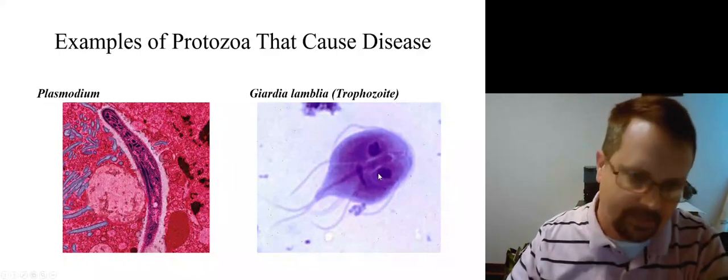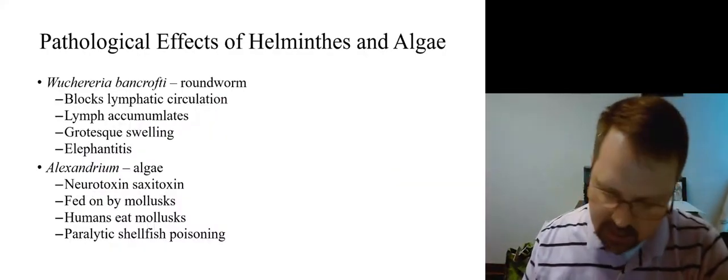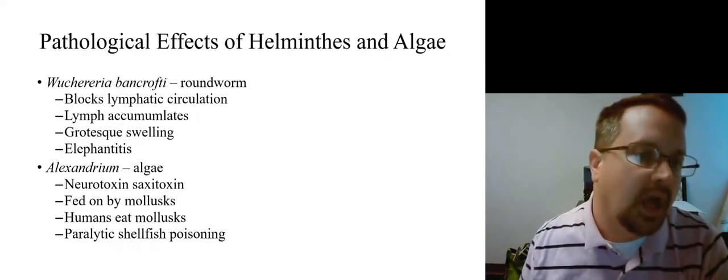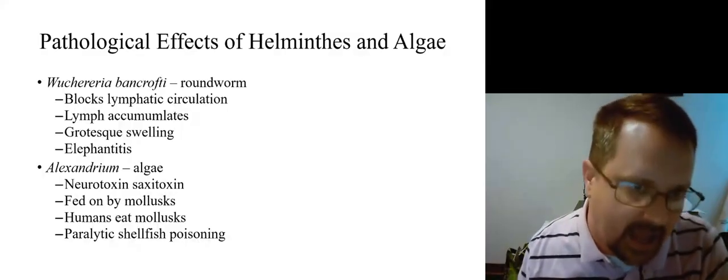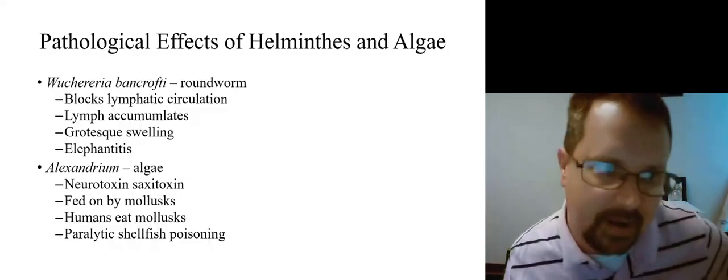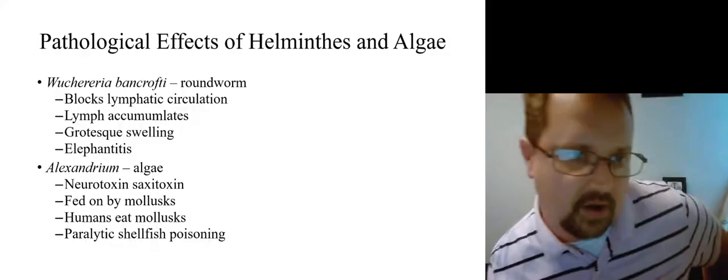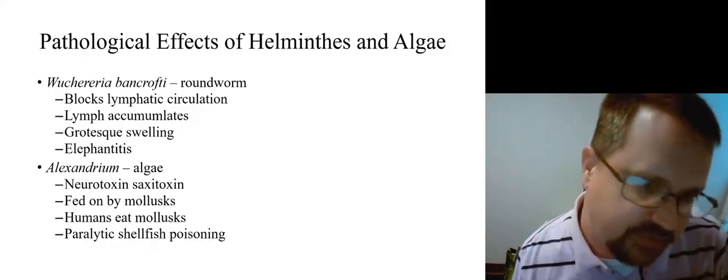He looks really happy. Pathological effects of helminths and algae. Wuchereria bancrofti is a roundworm. This is always a hard one for me to say, Wuchereria bancrofti. I'm not particularly great with my helminths.